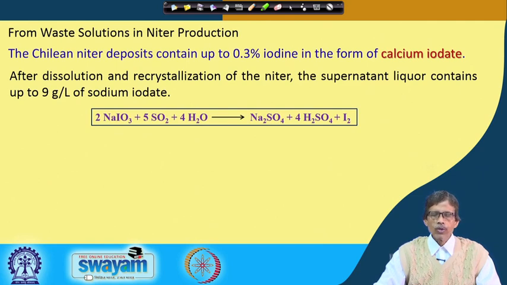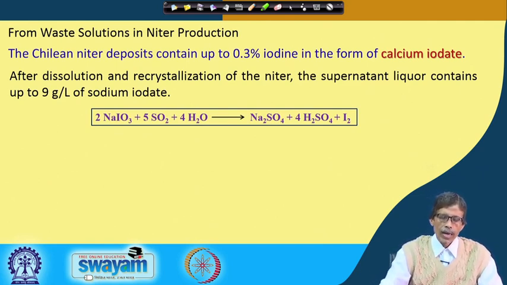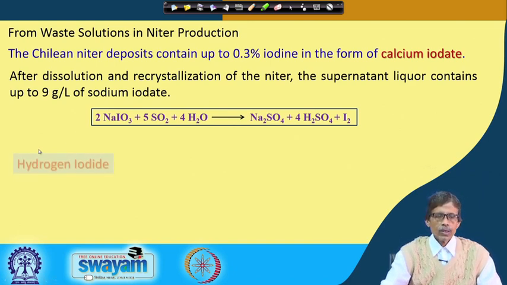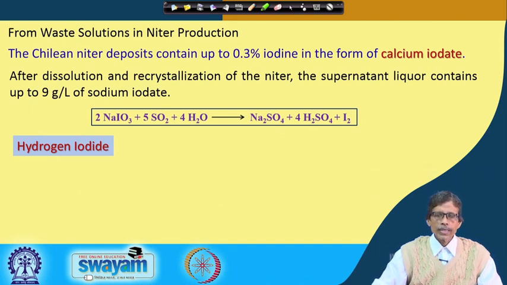Now iodate to iodine formation is again sulfur dioxide in water medium forming your free iodine along with sodium sulphate and sulfuric acid. So, this basically gives us sufficient amount of iodine in hand, and iodine is produced. Like that of our HBr production, how do you go for your hydrogen iodide or HI production? Already we have all this knowledge.